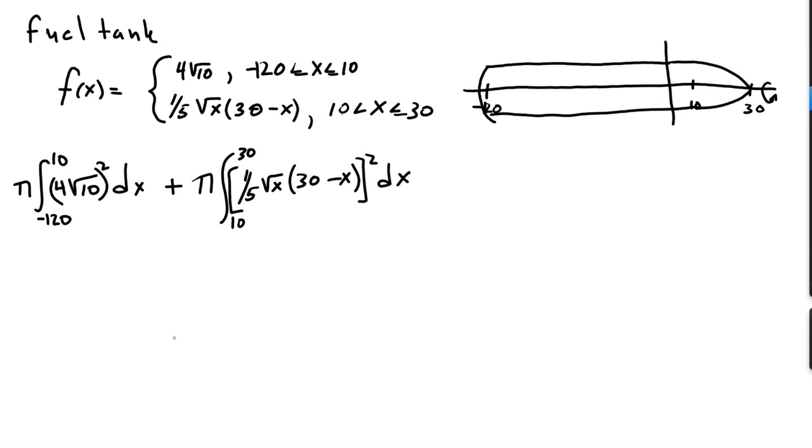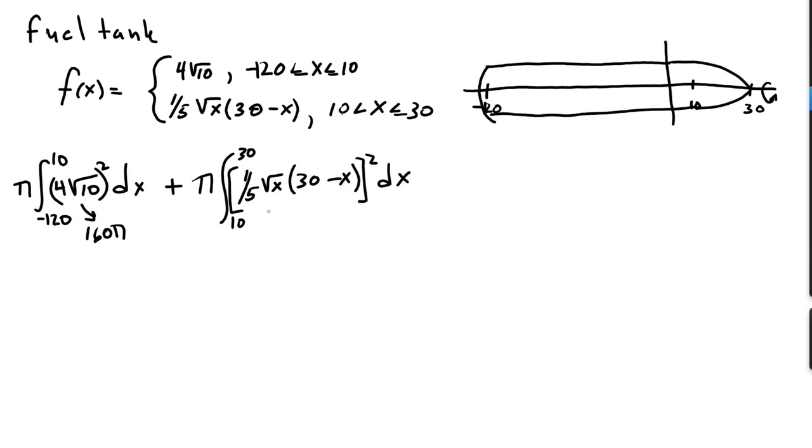Now again, you can work this out by hand if you want, but I would just input this into the calculator. You might want to do a little bit of work to clean it up before you do. Like we could take this first part here. If I square this, I get 160, so I would put 160 pi in.